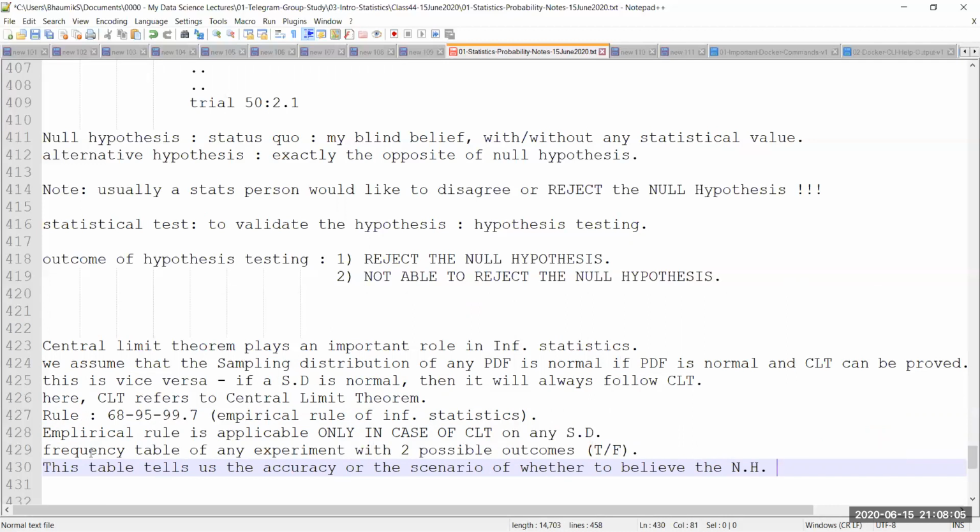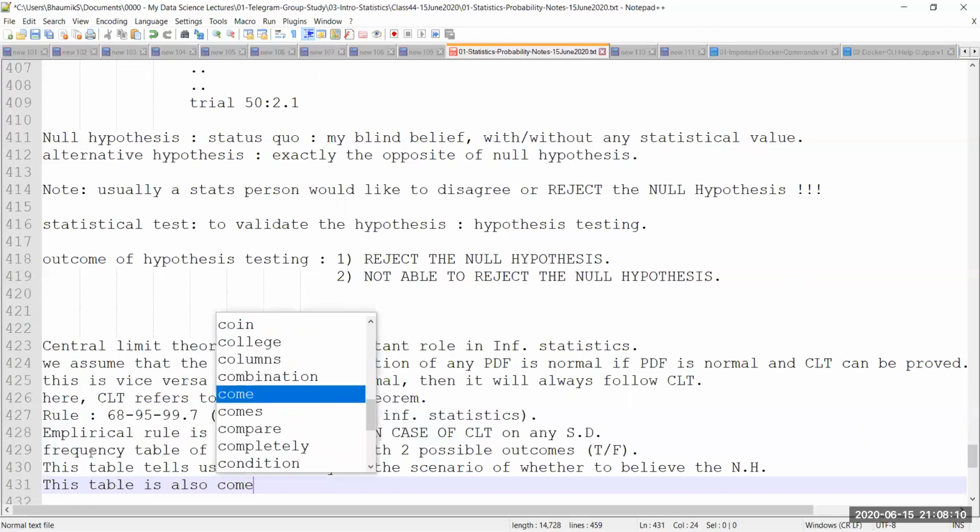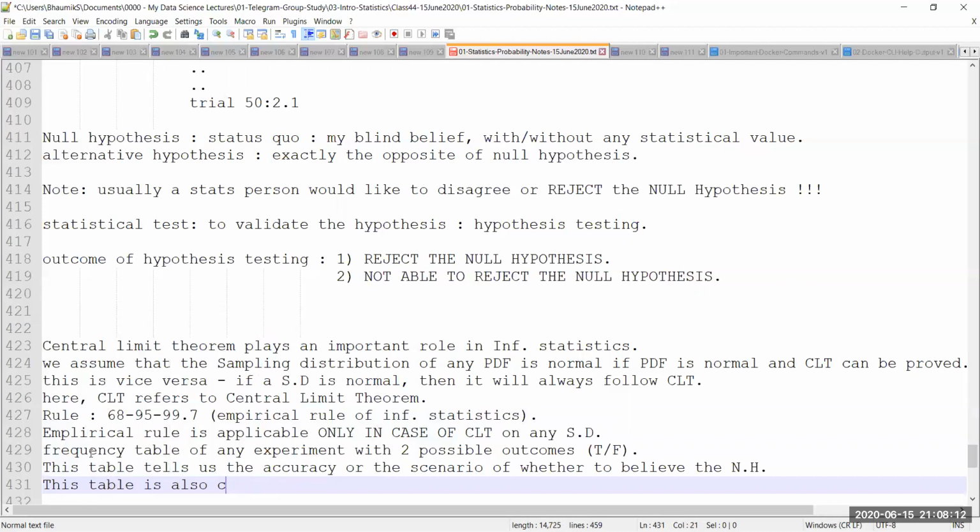Whether I'm going to believe the null hypothesis or not will be explained by this table. This table is also sometimes called the confusion matrix, especially in machine learning use cases.